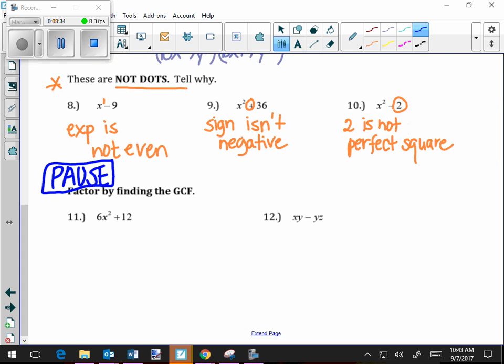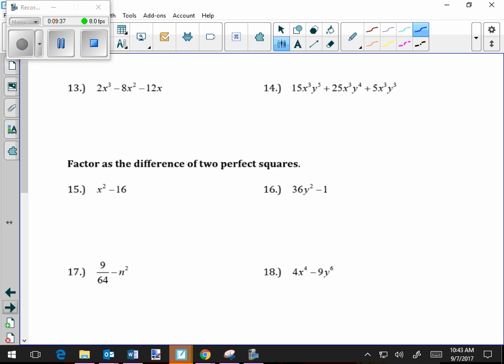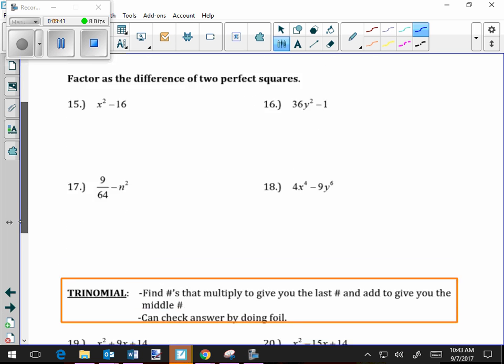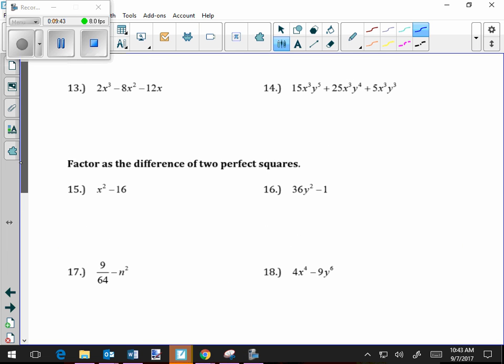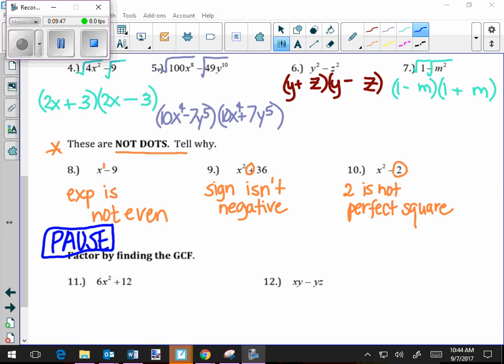They're at the bottom of this page and partway down on the next page. So I'm going to ask you to do questions 11 through 18 on your own. And then I'm going to have you come back and look at the video again to check your answers.